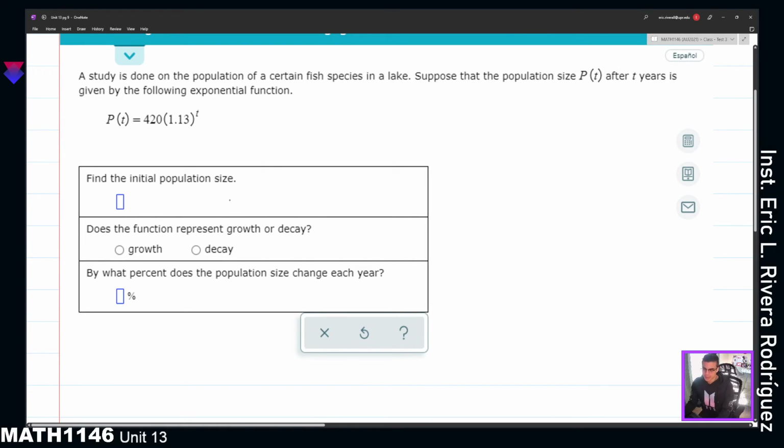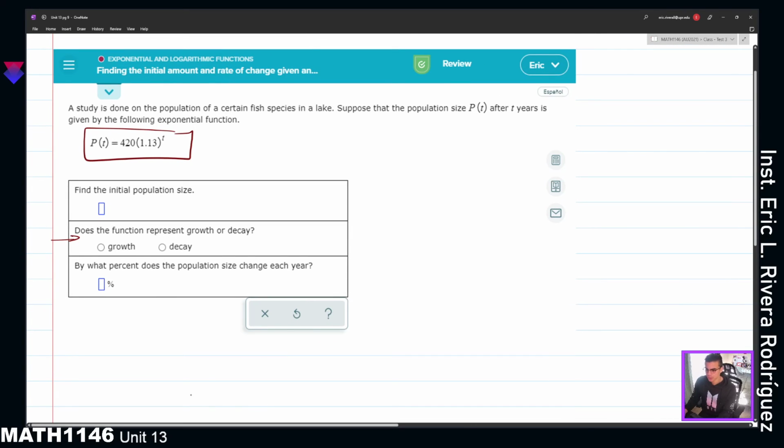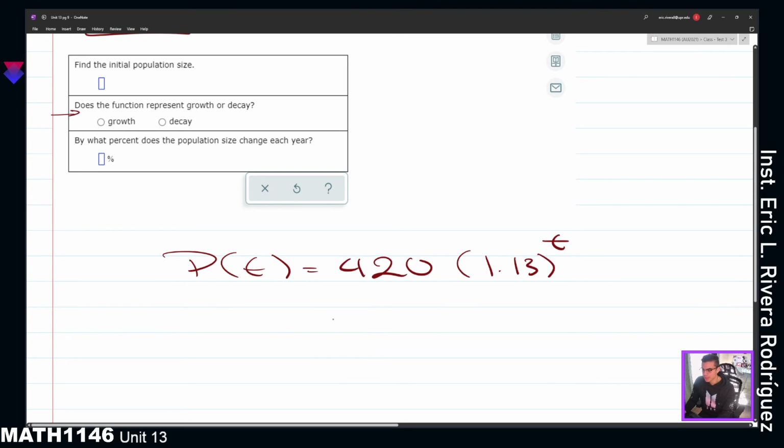In this exercise, it is interesting because I'm going to focus on the second part. So this is the formula that we have. Then we need to determine if this is growth or decay.